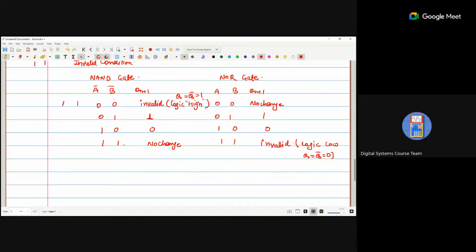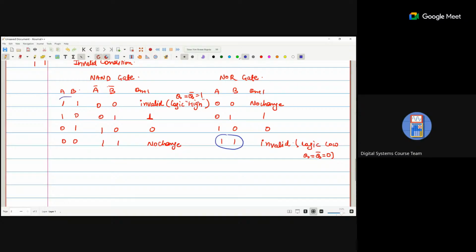It is 1 1, 1 0, 0 1, and 0 0. In place of A and B, we are using A bar and B bar. So what is A and B? A and B is this one.